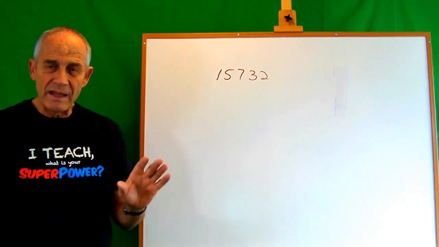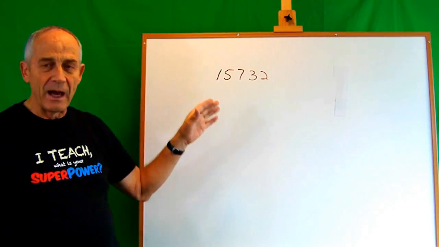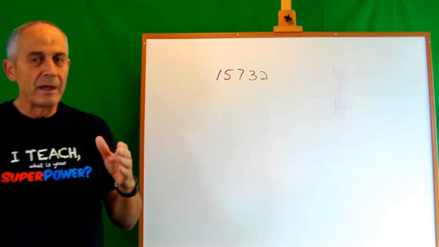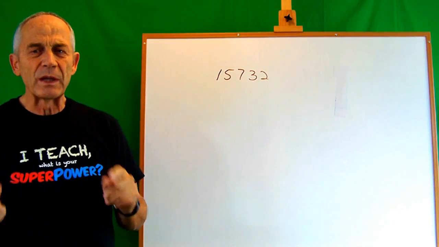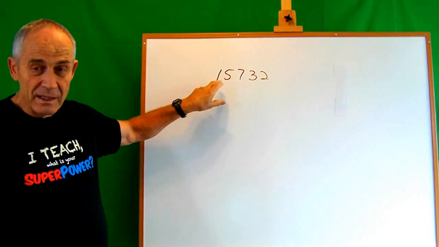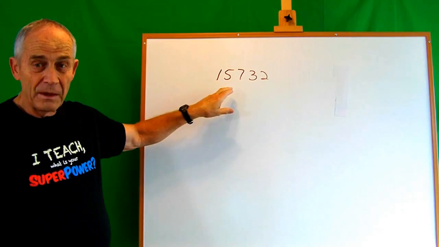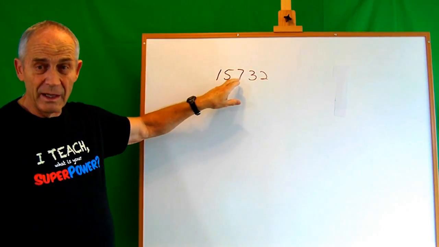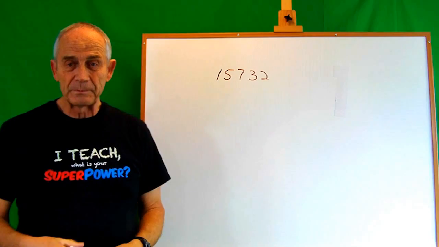Now we don't say that when we deal with a number like this. We say 15,732. But the idea is, if we know what those places are, so we know what the numbers mean, then I know this is 1 ten thousand, 5 thousands, 7 hundreds, 3 tens, and 2.